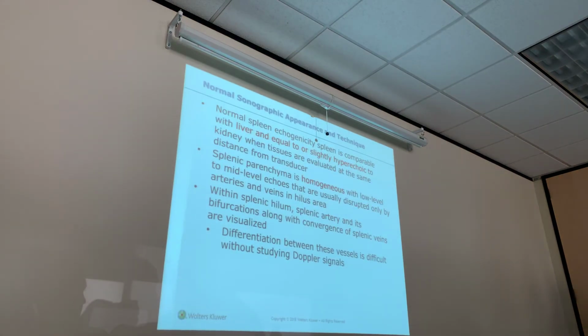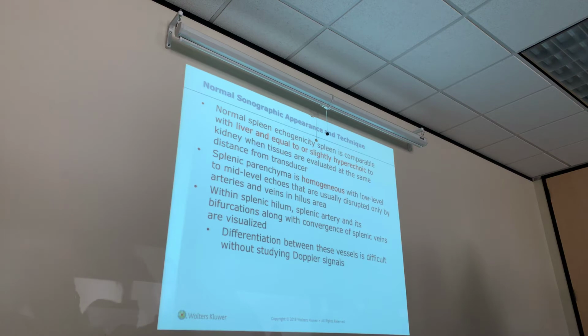Okay, so the normal spleen echogenicity is compared with the liver, and it's equal to or slightly hyperechoic to the kidney when the tissues are evaluated at the same distance from the transducer. So whenever we take images of the spleen, when we do transverse, remember, if you look at the image, it's on what side?